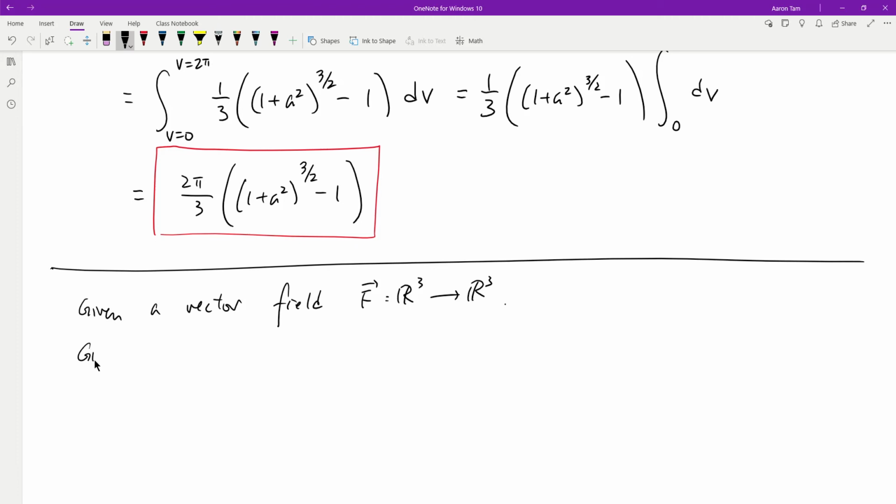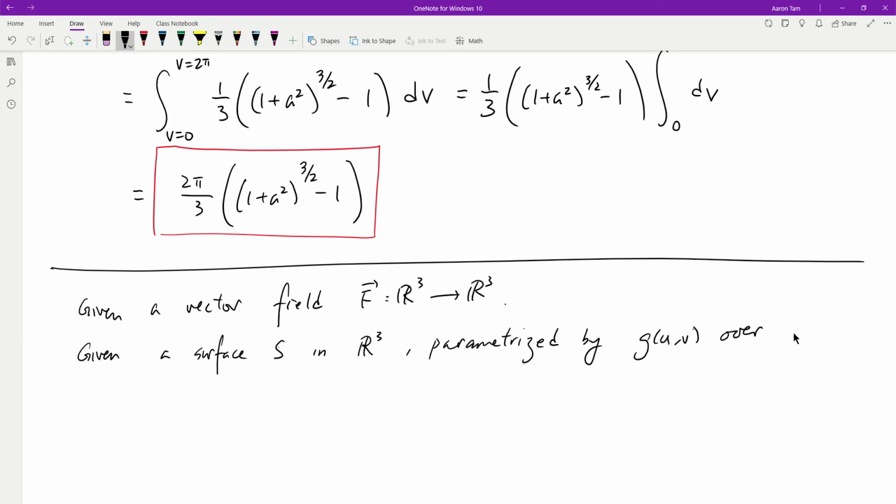And let's say we're given a surface, I'm going to call this surface S, in R3, which is parameterized by the function g of uv over some kind of domain D.